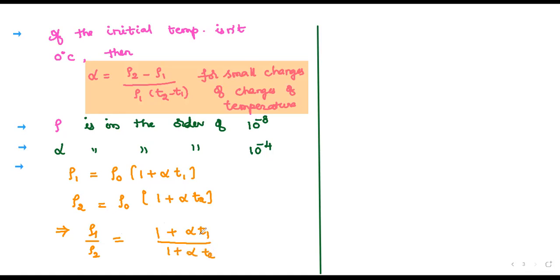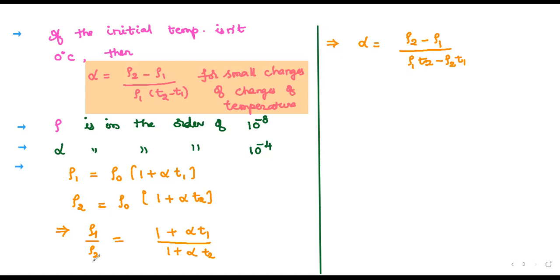Okay, cross multiplying and rearranging the equations, finally you will get alpha is equal to rho 2 minus rho 1 divided by rho 1 t2 minus rho 2 t1.